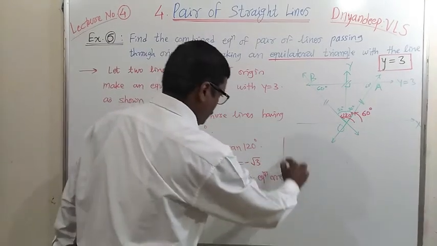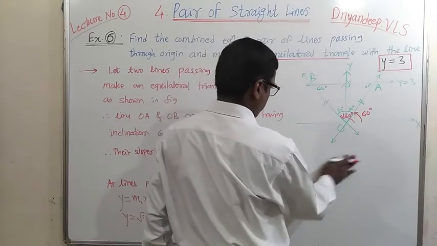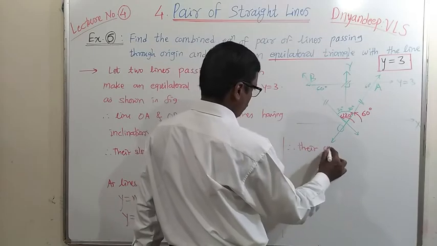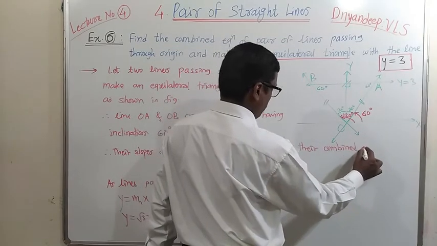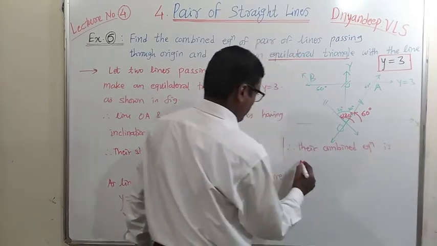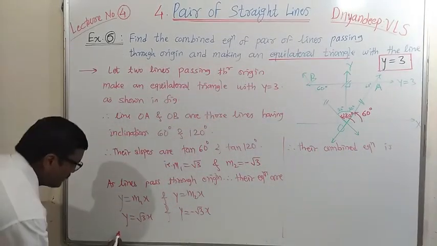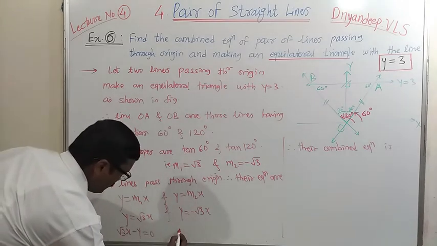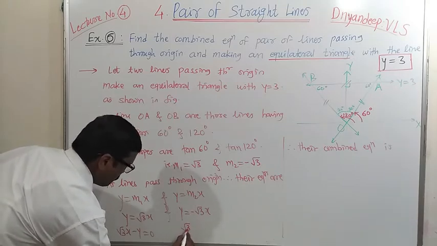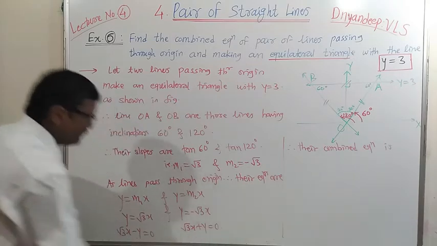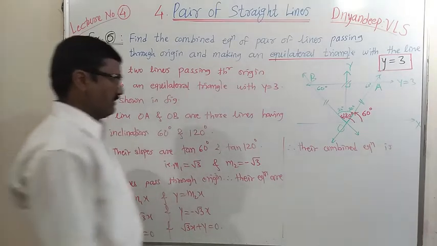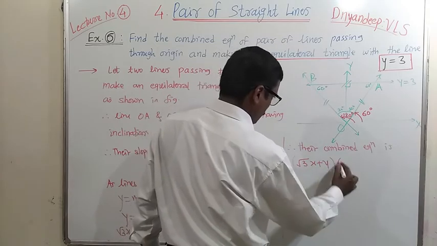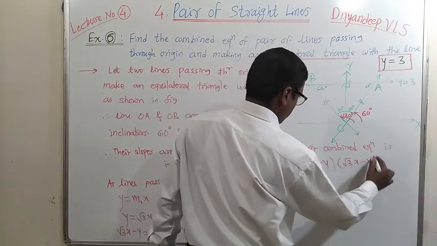Therefore their combined equation is, this y equal to root 3x is nothing but root 3x minus y equal to 0, and this is nothing but root 3x plus y equal to 0. Therefore their combined equation is root 3x plus y into root 3x minus y equal to 0.